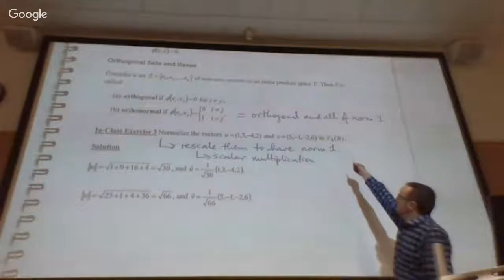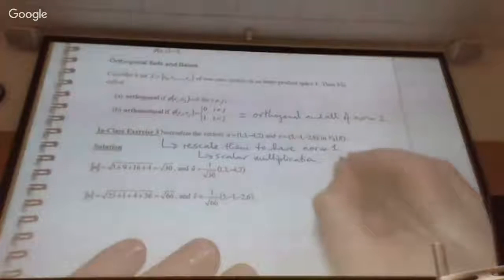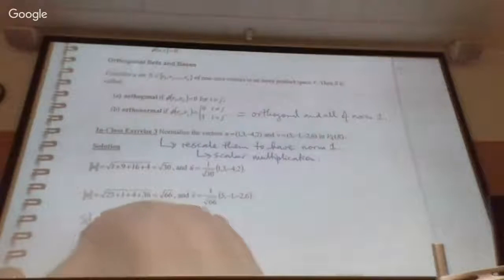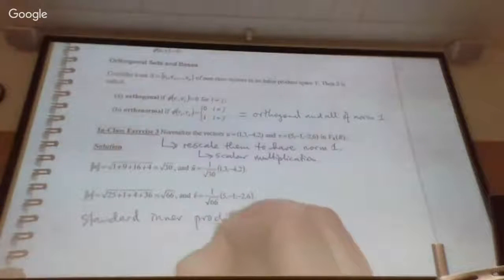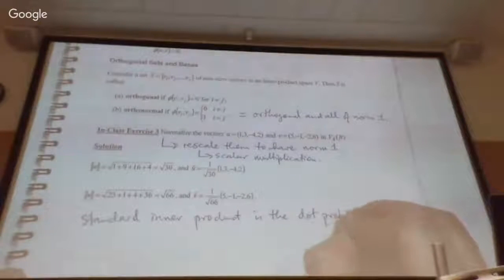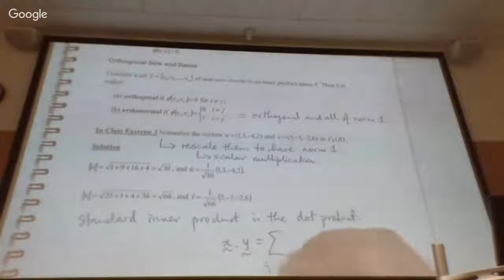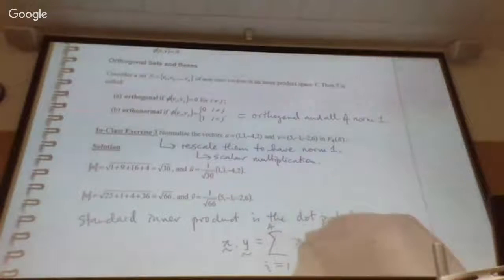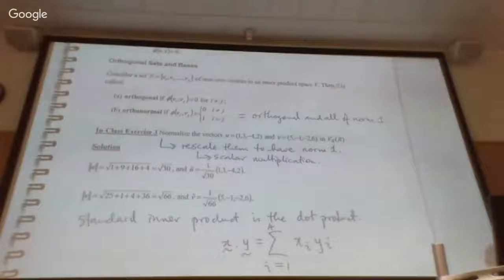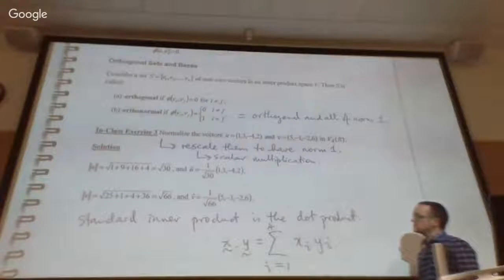If this is just a normal Euclidean vector space, then the standard inner product is the dot product, the four-dimensional dot product, which is like the three-dimensional or two-dimensional dot product, except you've got 4 components to sum. So it's the sum of the products of corresponding components of the two vectors.